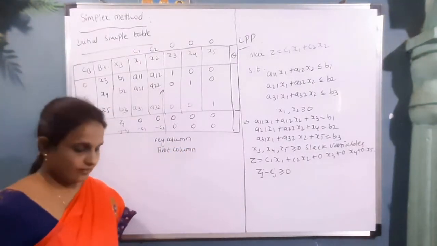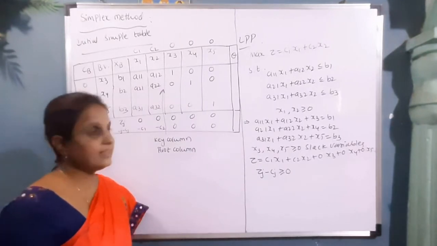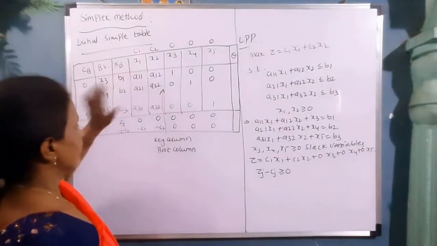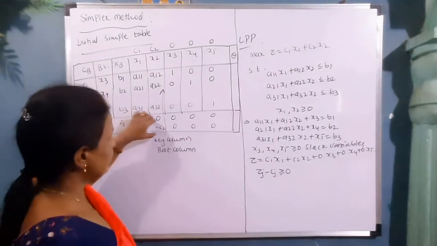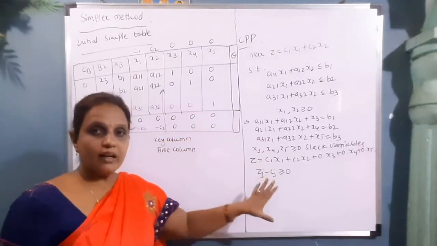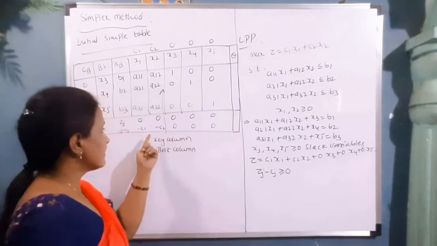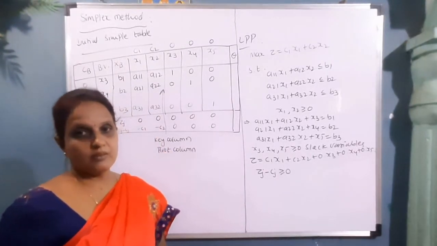Listen carefully. It is a difficult method. If you understand, then only you can do it. Here we have obtained Zj minus Cj. If all values are not positive, if at least one is negative, we have not reached the optimum solution.